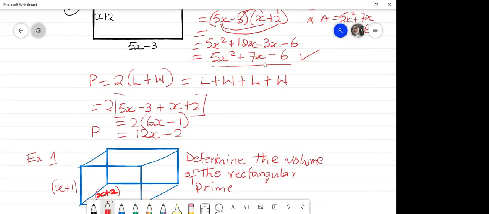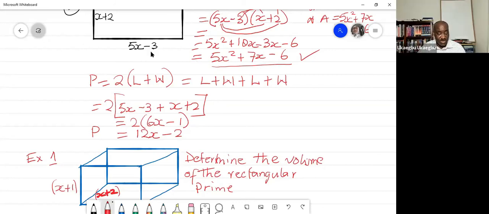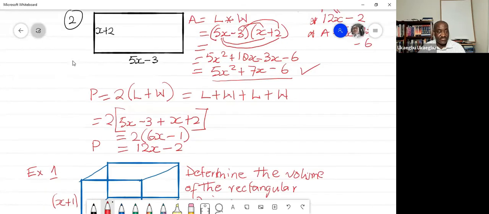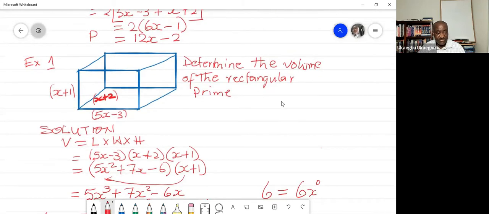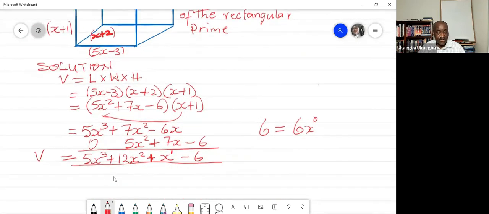Yes, a quadratic equation. When you do the area, given the sides that were given to us, we had a quadratic equation, and the highest power is 2. Now, when we do volume, we have what is called a cubic. The highest value of the exponent is 3.